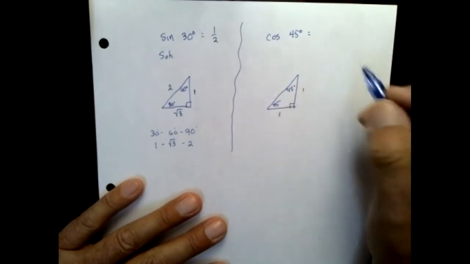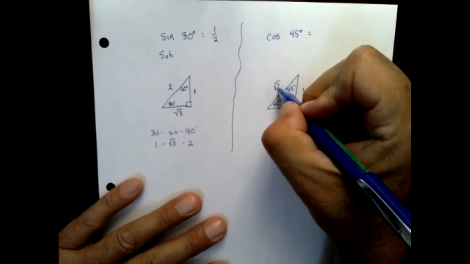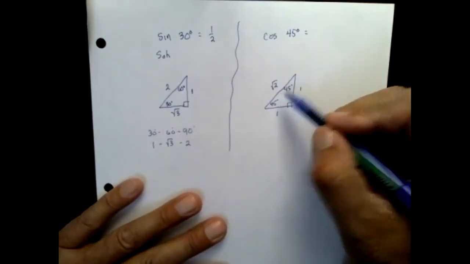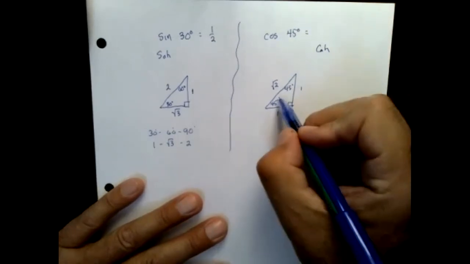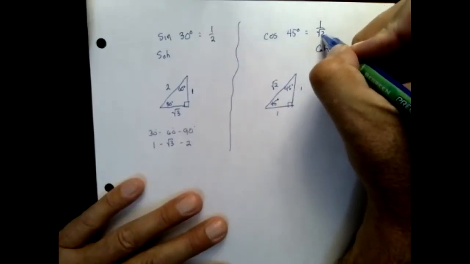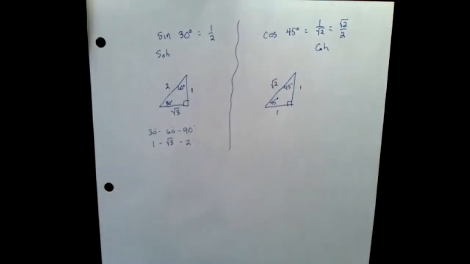This was 1, this was 1, and when I used the Pythagorean theorem, I came up with the hypotenuse being the square root of 2. Now I want the cosine, so SOHCAHTOA. Here's 45 degrees. Adjacent over hypotenuse is 1 over the square root of 2, or when I rationalize it, the square root of 2 over 2.